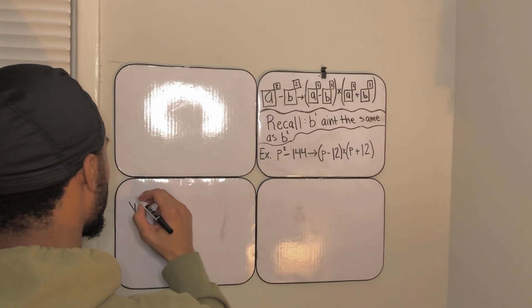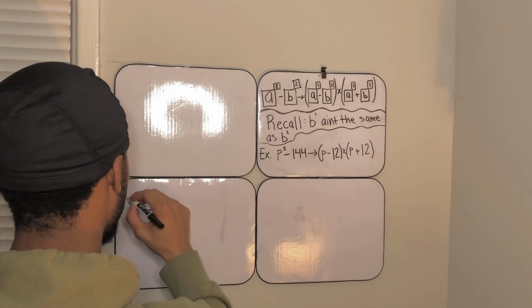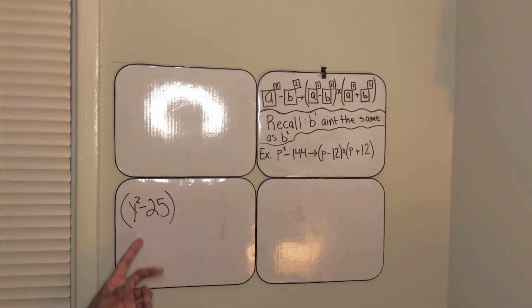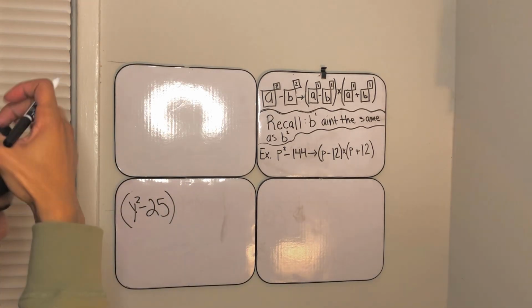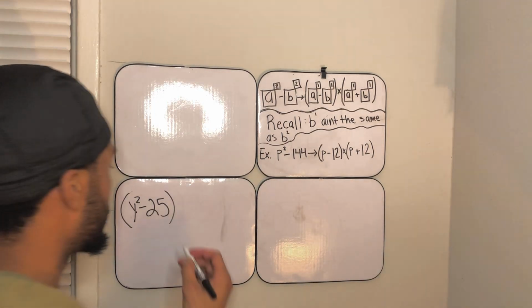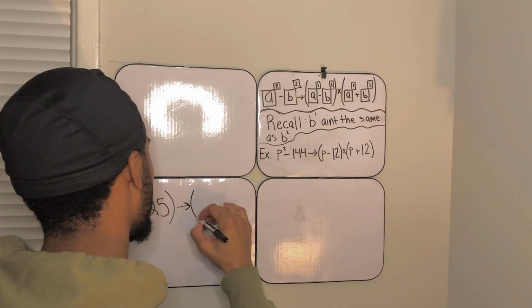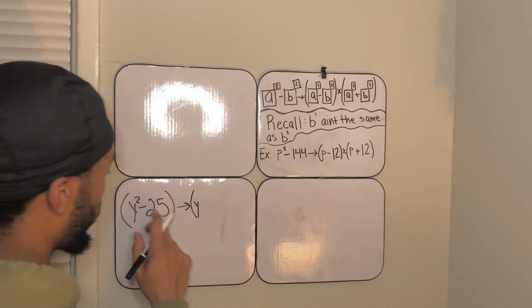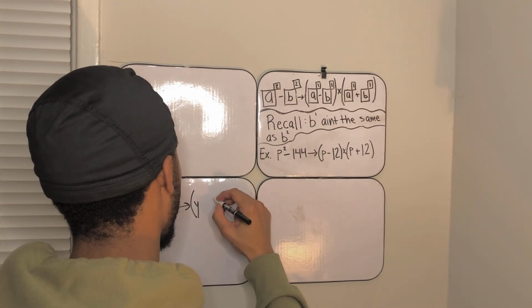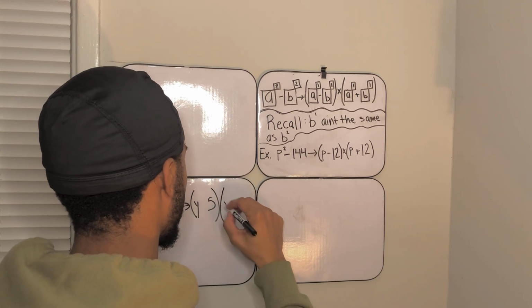Example number 2 is y squared minus 25. So again, it's the same process. We take the square root of y squared, which is y, and the square root of 25, which is 5. So we know y and 5 will be in the parentheses.